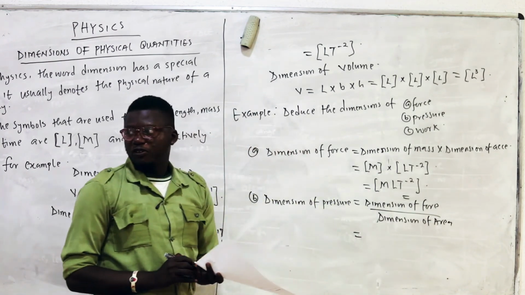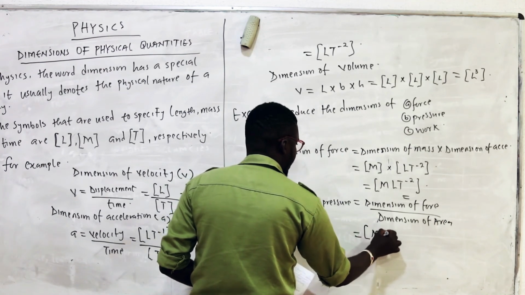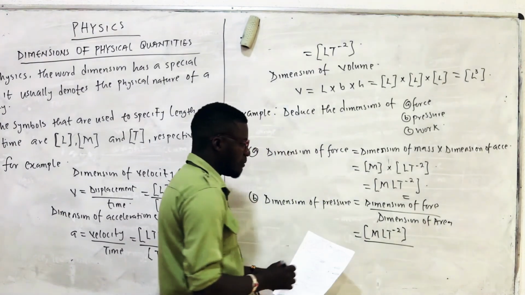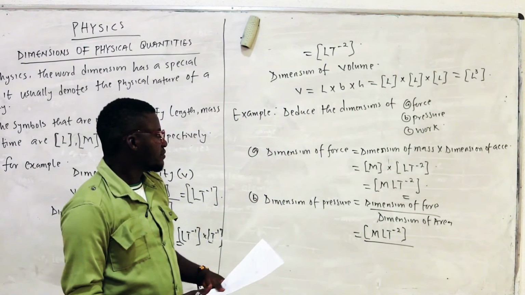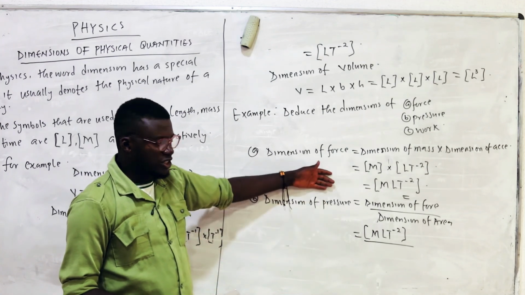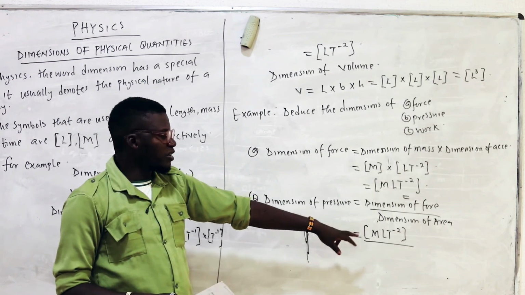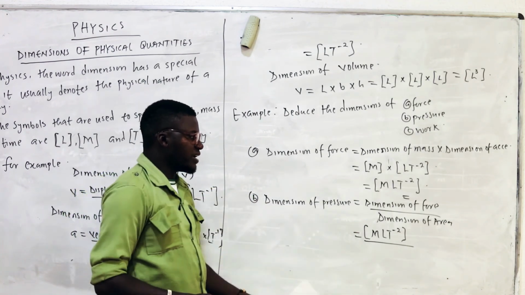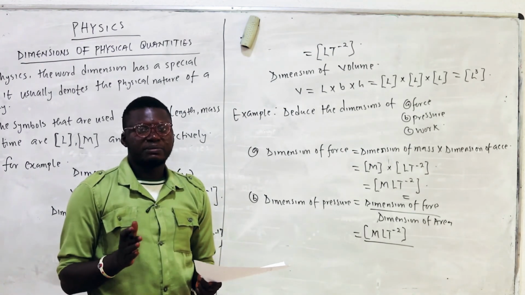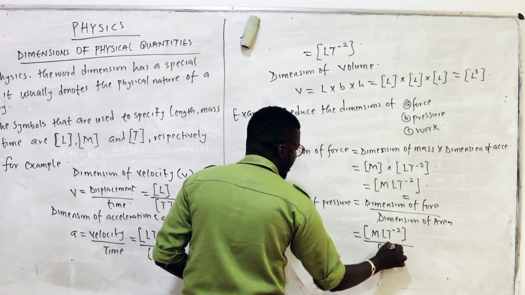My dimension of force, which I got previously, is given as MLT raised to the power of minus 2. Then my dimension of area, since area is a measurement of length, that's length times breadth, I'm going to have L times L, which is L squared. So it is multiplied by my dimension of area, L squared.